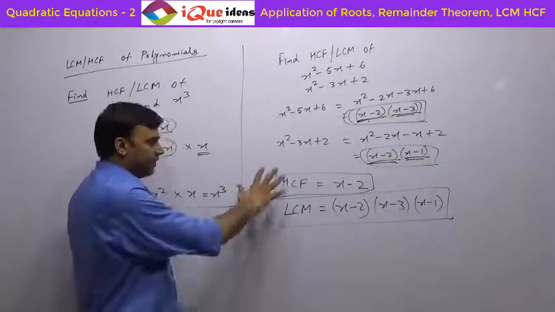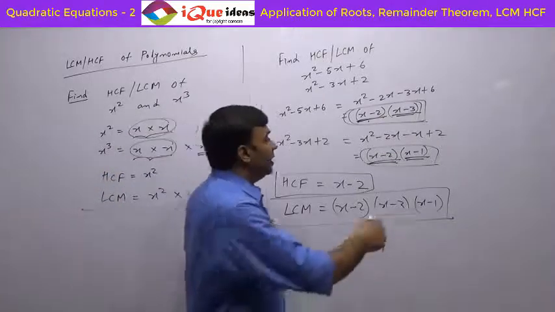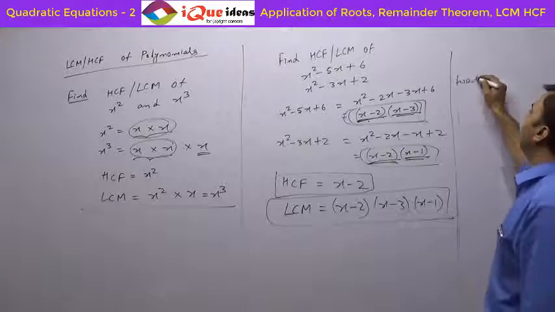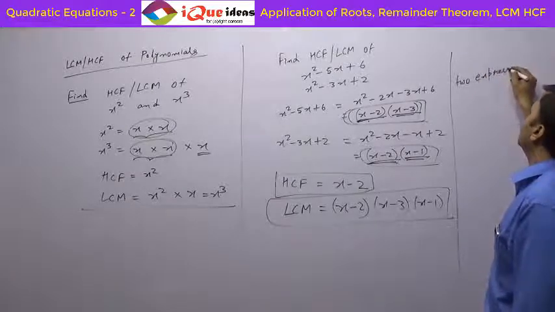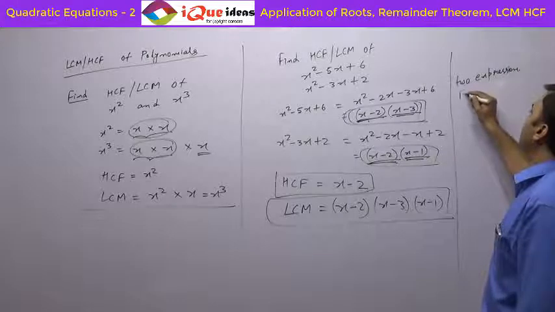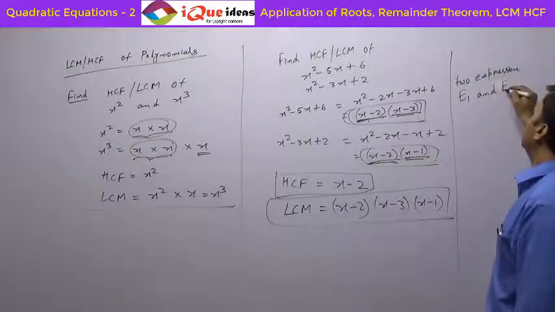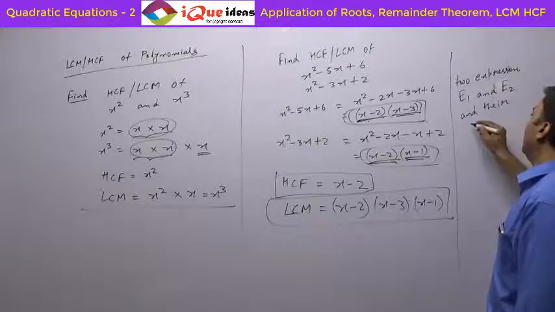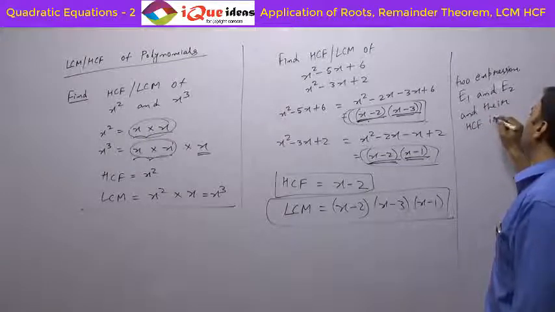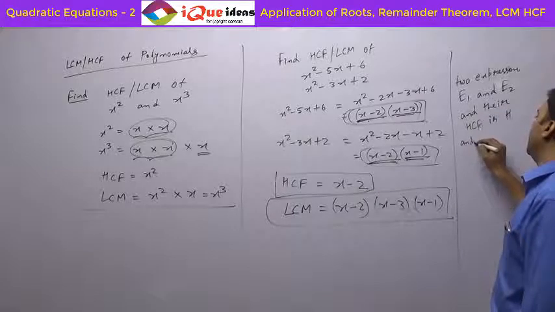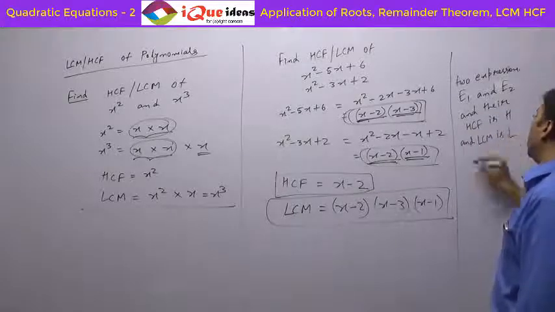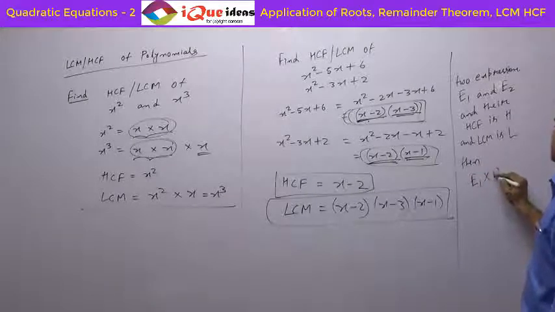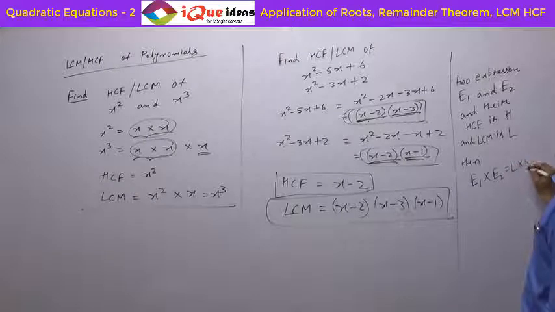Okay. So this is what we have for LCM and HCF, and the further rule of LCM and HCF will apply to this also. If there are, let's say, two expressions E1 and E2, and their HCF is H and LCM is L, then the rule that is applicable here also is E1 into E2 is equal to L into H. Right?